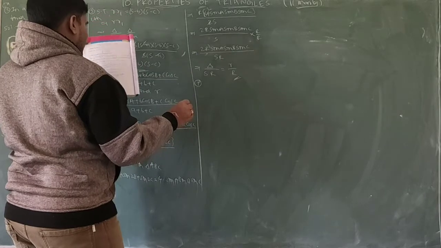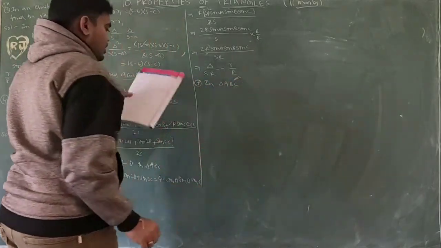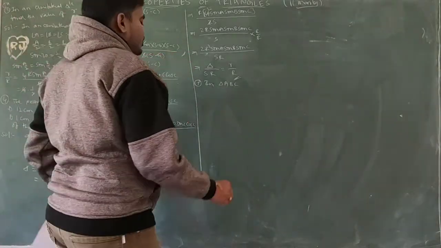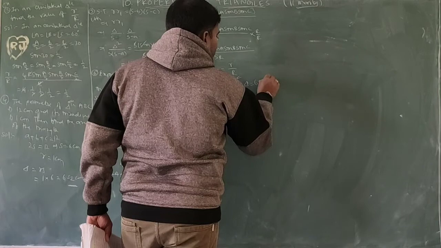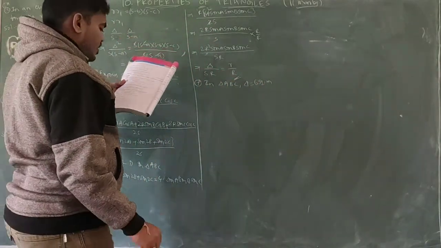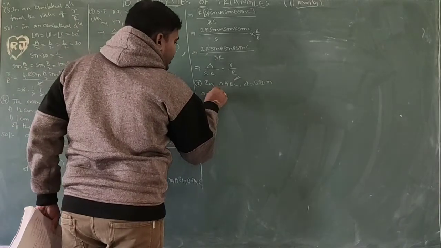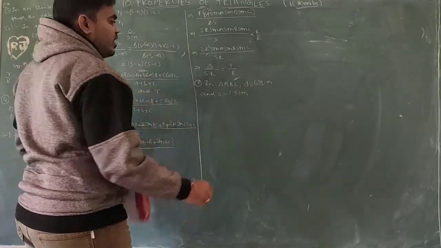In triangle ABC, delta equal to 6 square meters, and s equal to 1.5 centimeters. Find r.